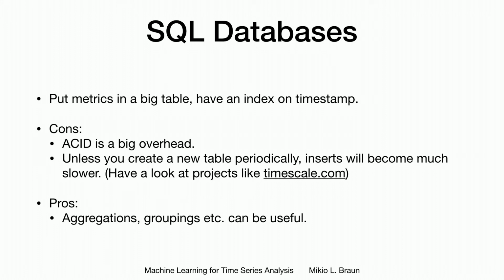You can put secondary indices on all the things you're interested in, and that is very fast. And in the query you can also aggregate. So let's say you store something per minute, but you're actually interested in the data per hour, and you want to compute the mean over this time.